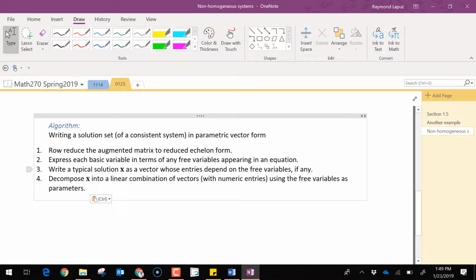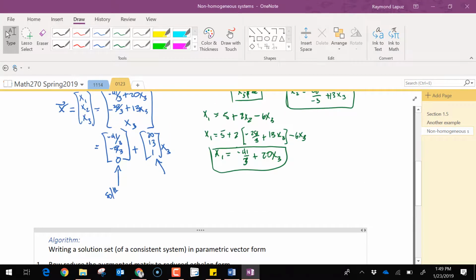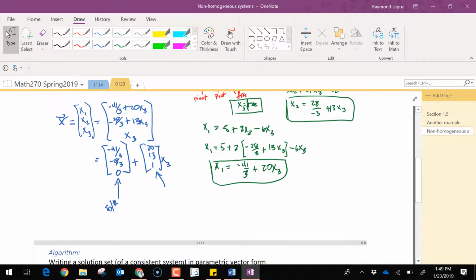So I'd write x is equal to, and then in x1, I'll have the expression with an x3 in it. In x2, I'll have the expression with an x3 in it. In x3, I'll have the expression with an x3 in it, since that was our free variable. That's what we were doing over here.